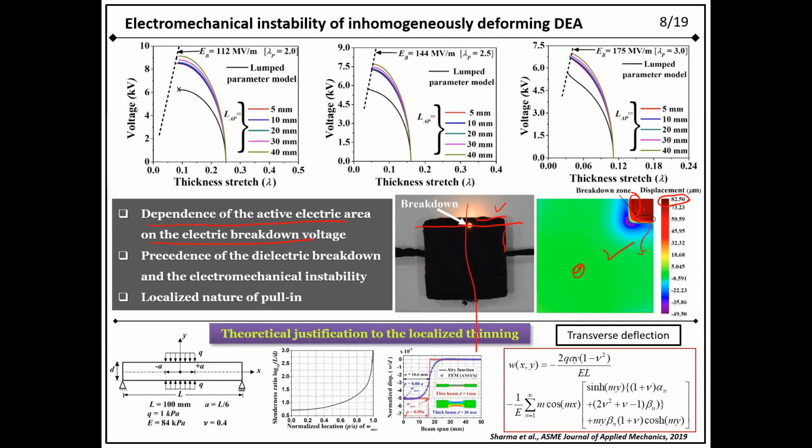This actuator generally fails via electric breakdown always near this point, near the boundary that separates the active and inactive regions.